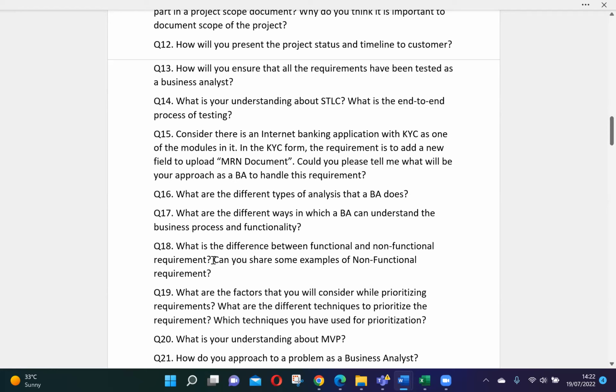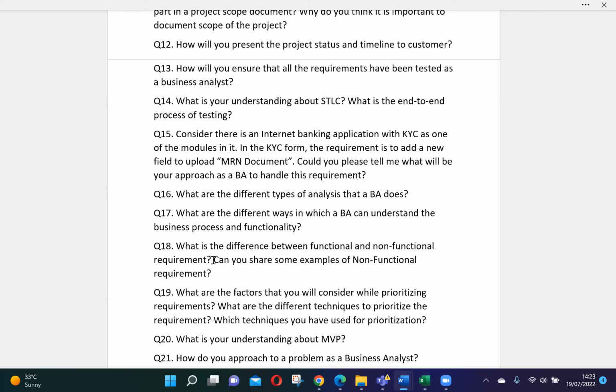What is the difference between functional and non-functional requirements? Can you share some examples of non-functional requirements? Functional requirement describes what the system should do. The non-functional requirements describe how the system should do it, how long or something.